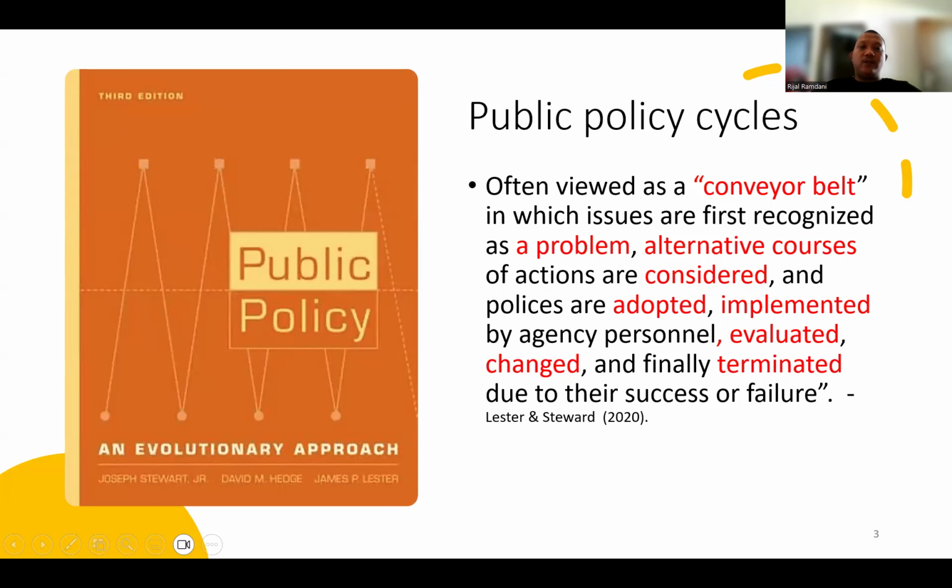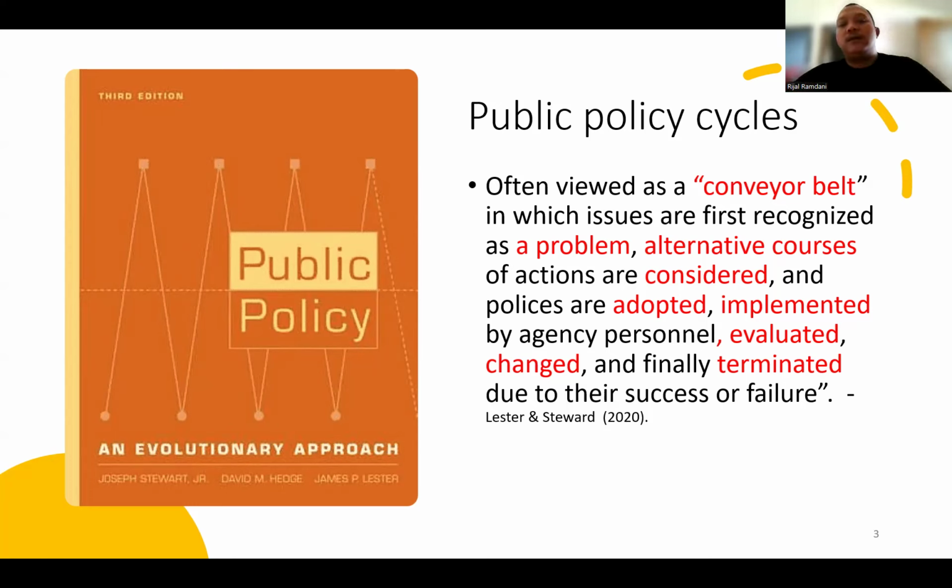And this is the definition of how we can understand public policy cycles. It is often viewed as a conveyor belt in which issues are first recognized as a problem. Alternative courses of action are considered, and then policies are adopted, implemented, evaluated, changed, and finally terminated due to their success or failure.